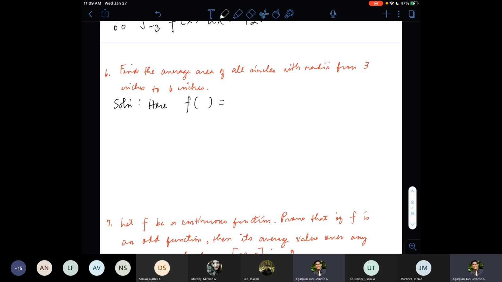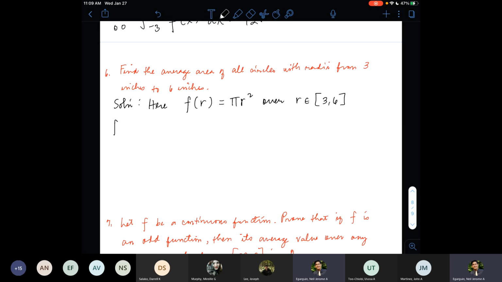The function that we want to get the average value of is the function that gives us the area of a circle, right? And the formula is pi r squared, where r is the radius. So the function we need to take the average value of is pi r squared. And what is the interval? The interval here is r ranging from 3 until 6.